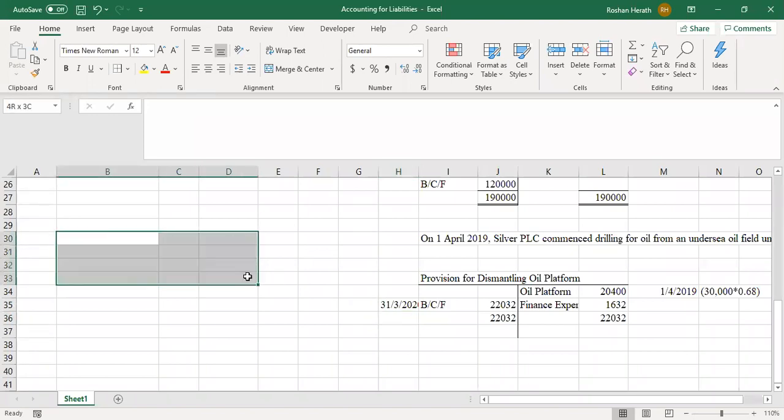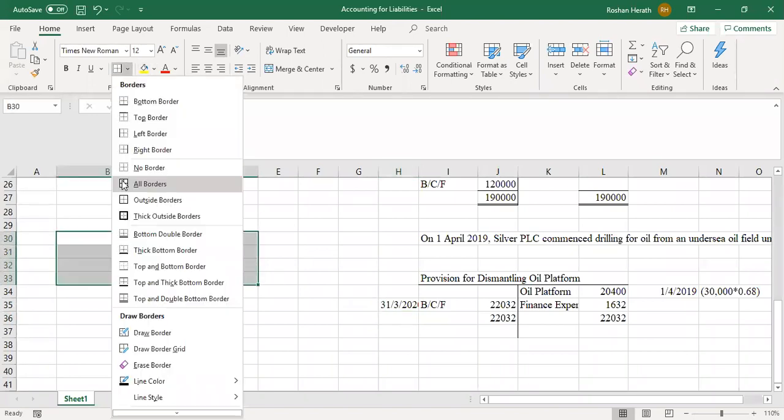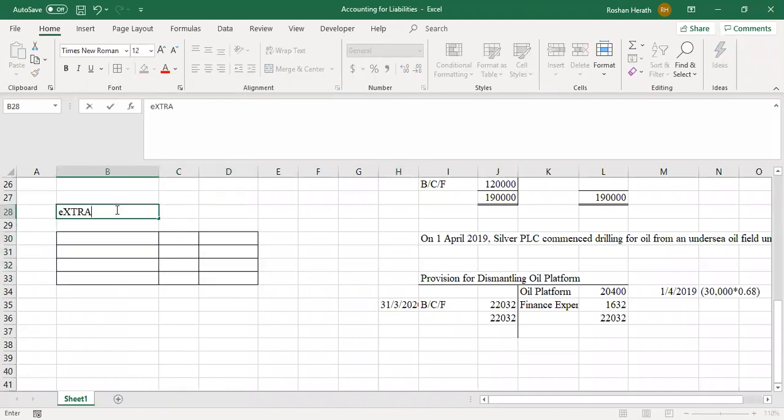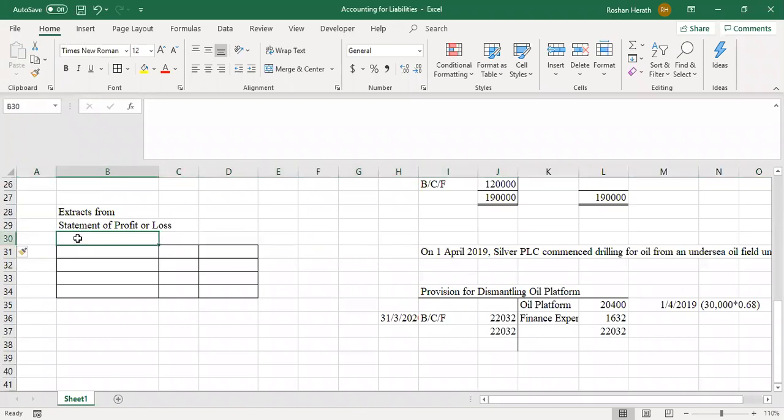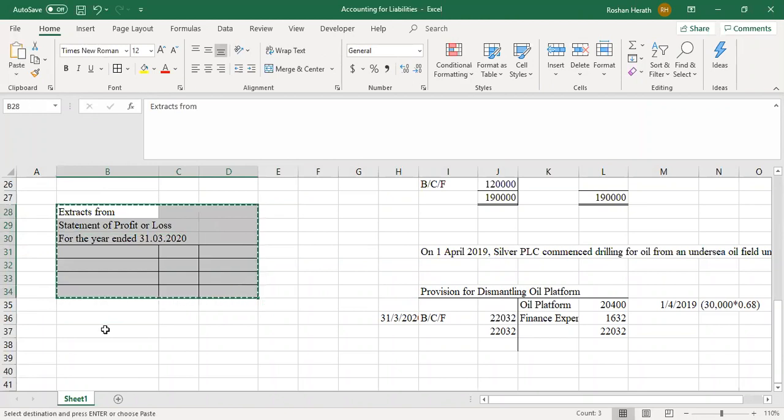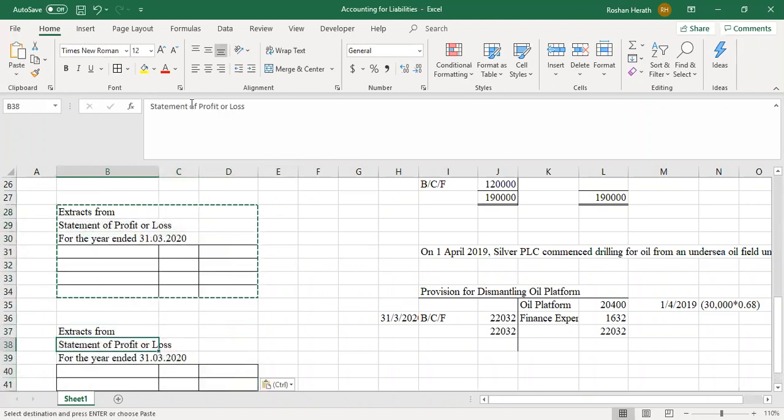Consequently, you prepare the extracts from the statement of profit or loss for the year ended 31st March 2020, and also the extracts from the statement of financial position as well.